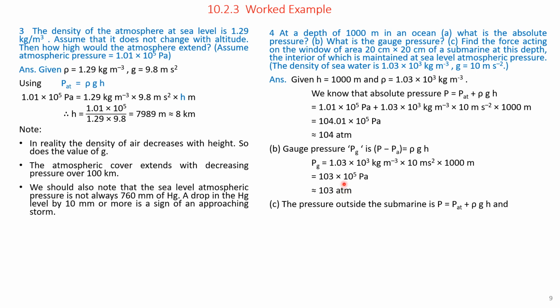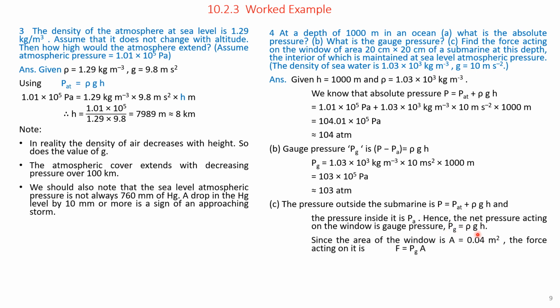Third part, it is given the pressure outside the submarine is absolute pressure, equal to atmospheric pressure plus rho gh, and the pressure inside is atmospheric pressure. Hence the net pressure acting on the window is the gauge pressure. Therefore Pg is equal to rho gh.